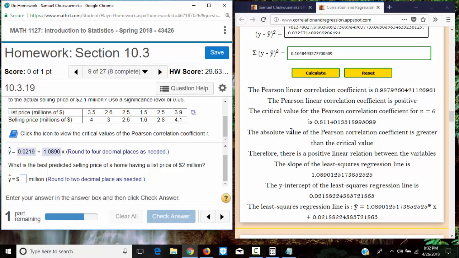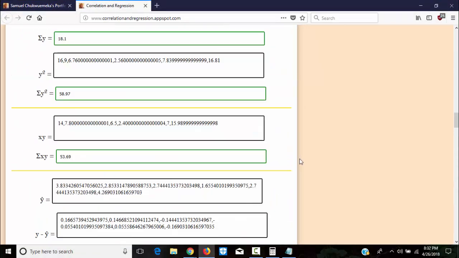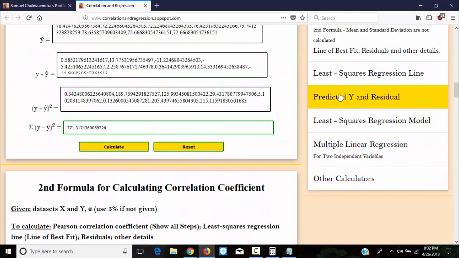Because there is a positive linear relation, we will use the regression equation to predict the value of the response variable for the given value of the predictor variable. So if you scroll up, you see here predicted y and residual.